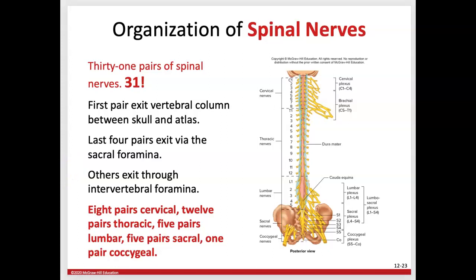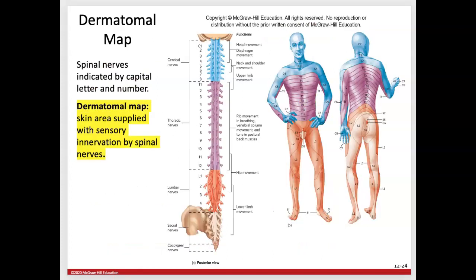Okay, moving on from there, you can see this image here. You're not going to have to label it, but you should know that there are 31 pair. Now, a dermatomal map. If you've ever been to a chiropractor or a physical therapist or a neurosurgeon, maybe you've seen a dermatomal map.